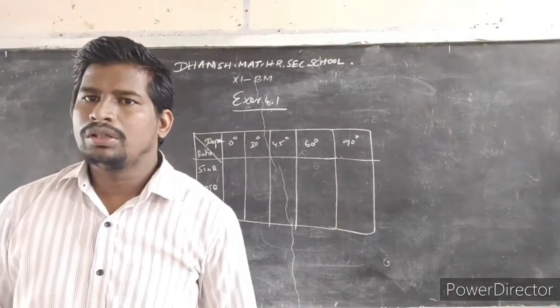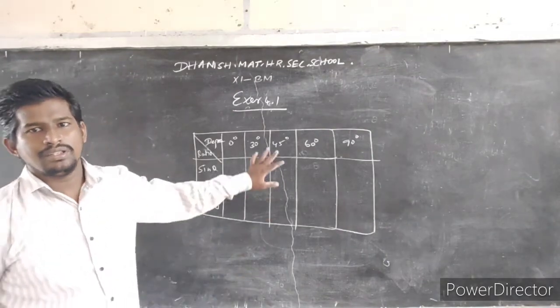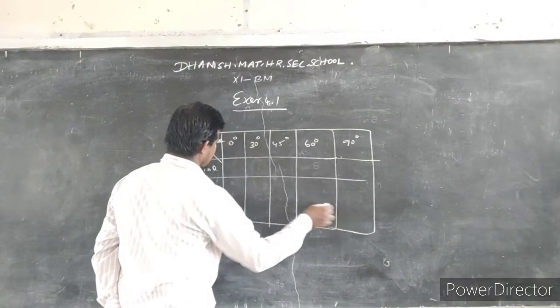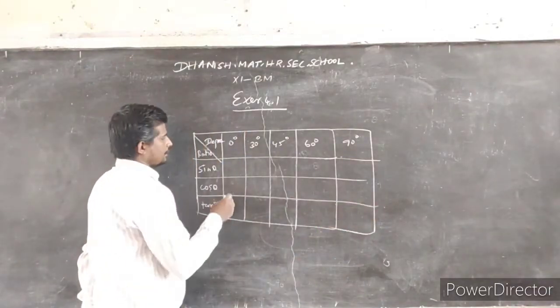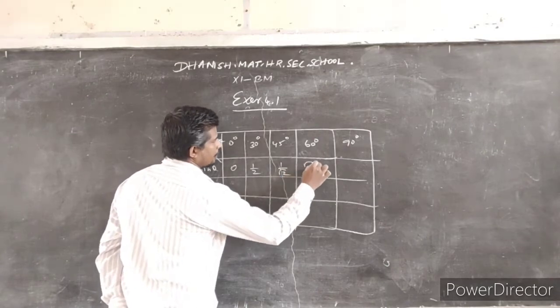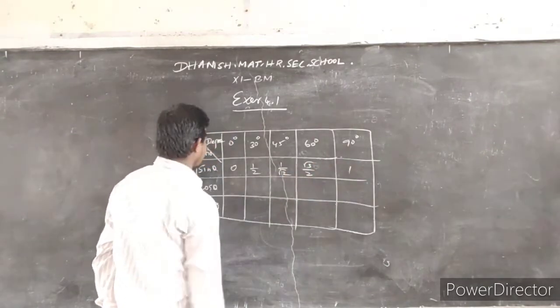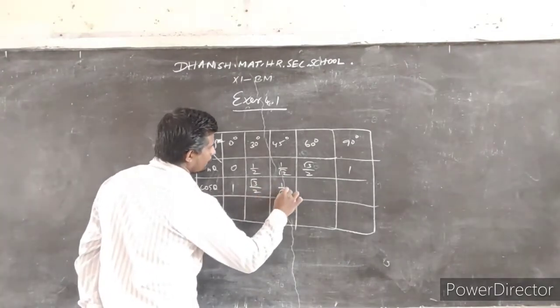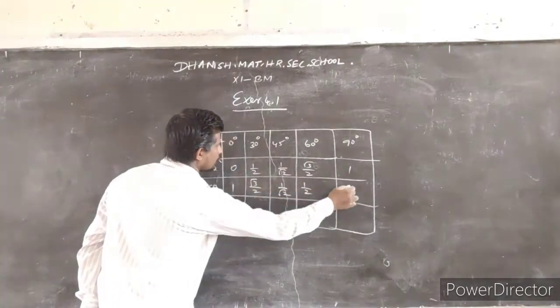If you want to do all the sums in trigonometry, you should learn this table. That will be root 3 divided by 2, 1, root 3 divided by 2, 1 by root 2, 1 by 2, 0.